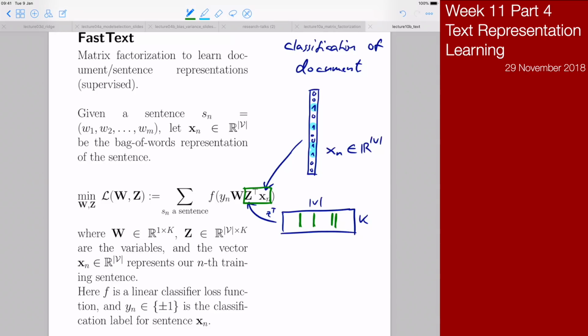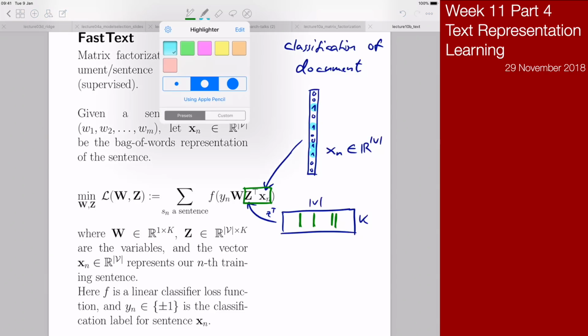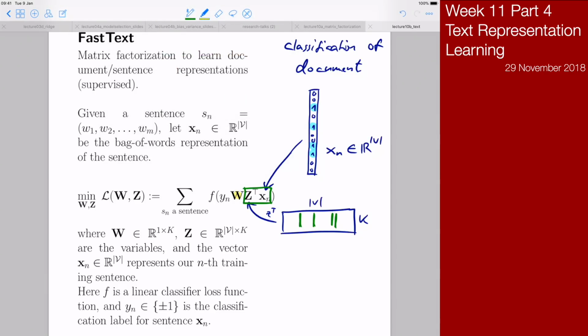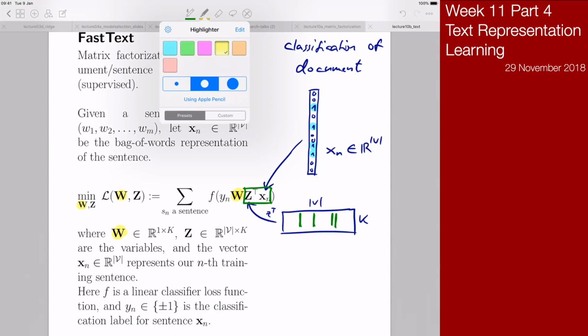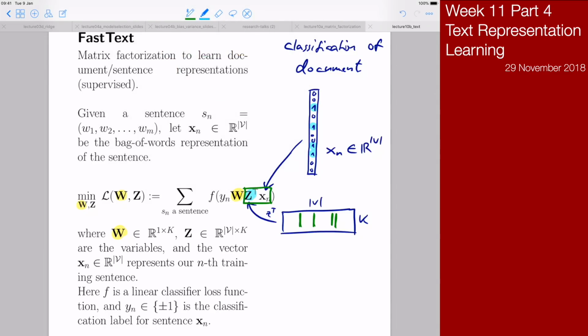And mathematically, this is kind of interesting. Why? Because, well, maybe you would say it's not interesting because it's a matrix factorization, right? So if you train this thing, then we will try to find 2 things: the Z matrix, which are the word vectors, and this final classifier vector, which is also one of our optimization variables.